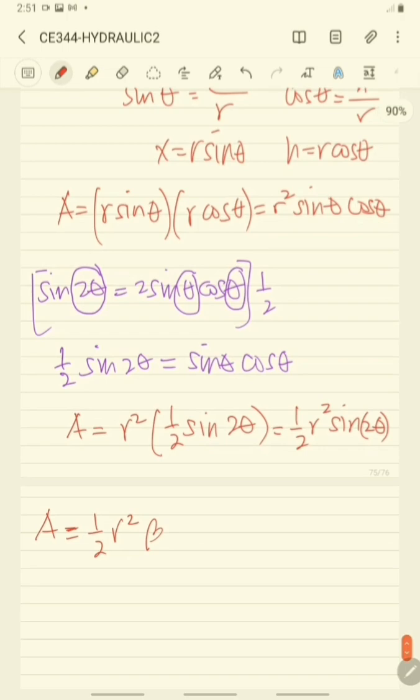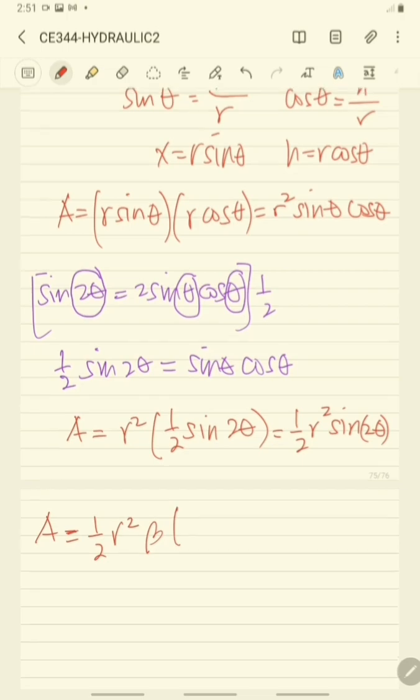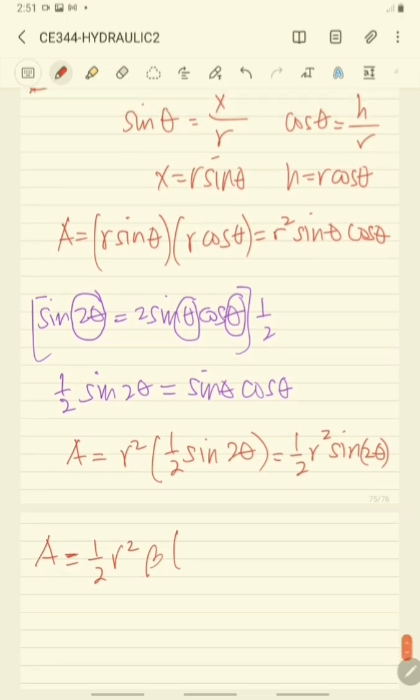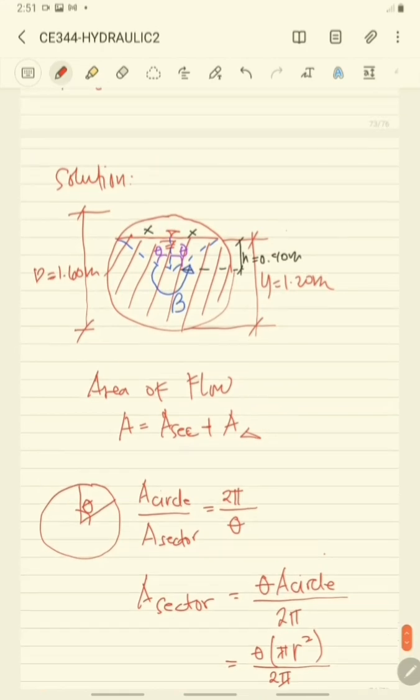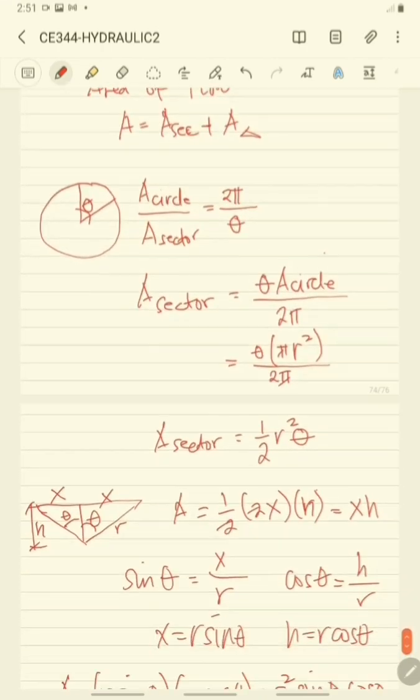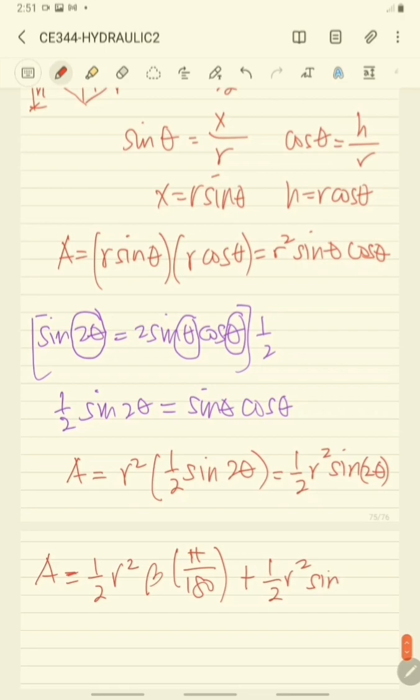Then we have to convert this into radians, so we multiply by pi over 180, plus the area of the triangle. We have 1/2 r squared sine 2 theta.